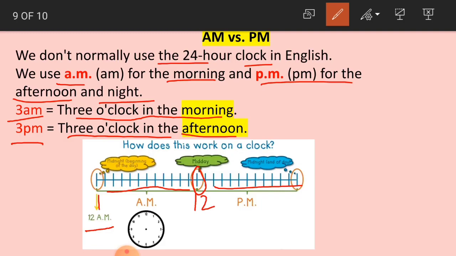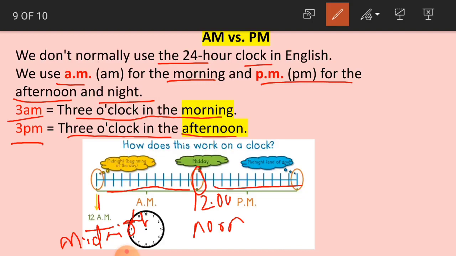Okay, then from here till again 12 PM, that is 12 noon, until here we are going to address the time as 12 AM, 1 AM, 2 AM, 3 AM, until 11 AM. But again when you enter 12 o'clock in the midday, then you have to address it as 12 PM from there, 12 PM until you reach midnight again.